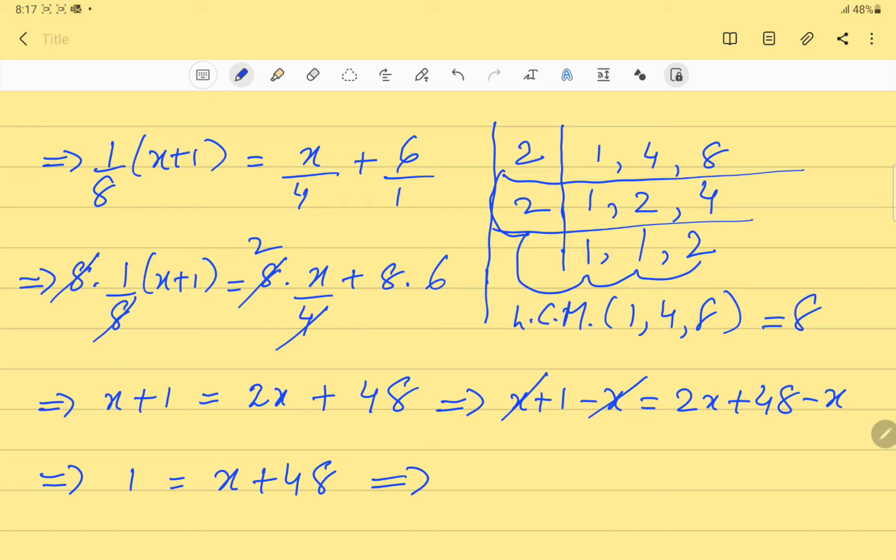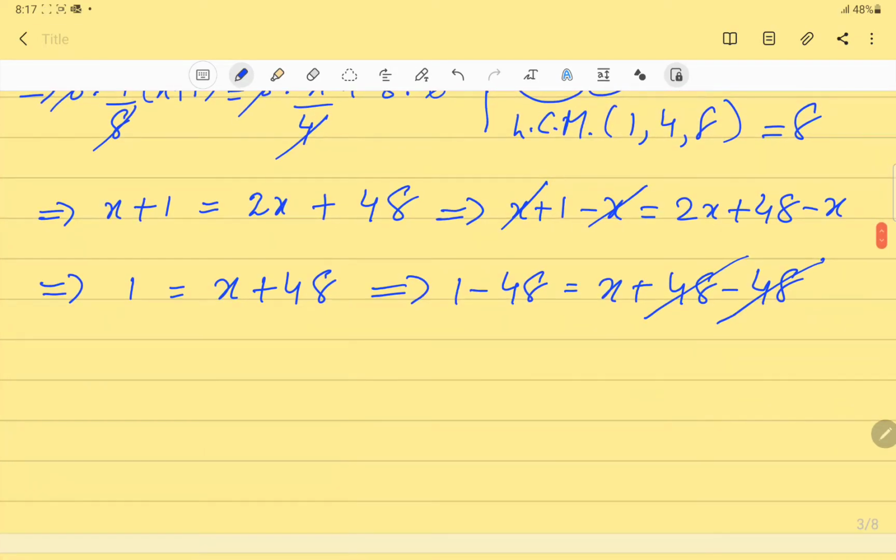Now subtract 48 from both sides. 1 minus 48 is equal to x plus 48 minus 48. 48 cancels with 48. So our x comes out to be minus 47, which is our solution set as well as the answer.